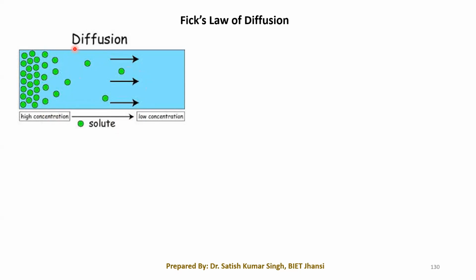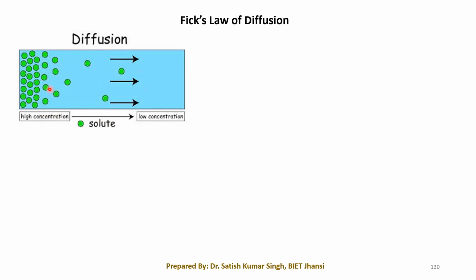At thermal equilibrium, the number of atoms crossing from left to right will be more than the number crossing from right to left, obviously because the number of atoms available on the left hand side is much larger than on the right hand side.